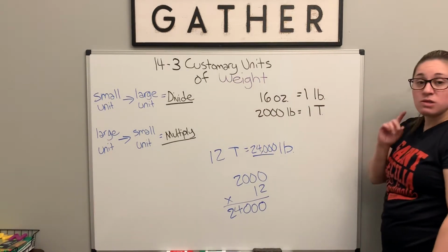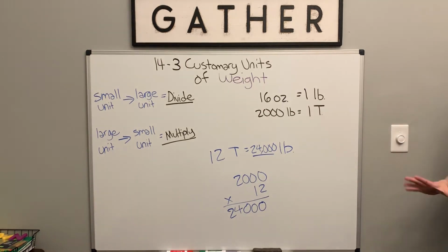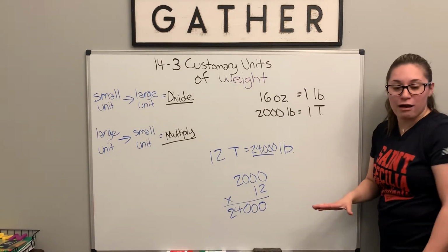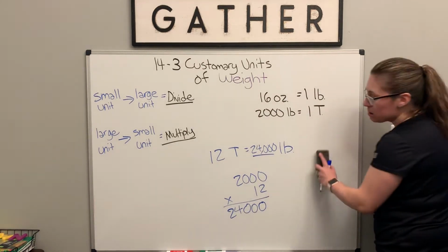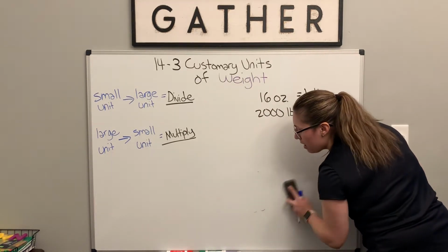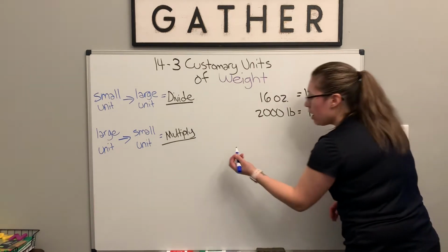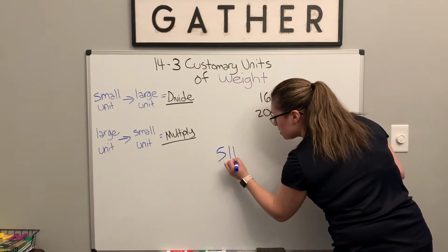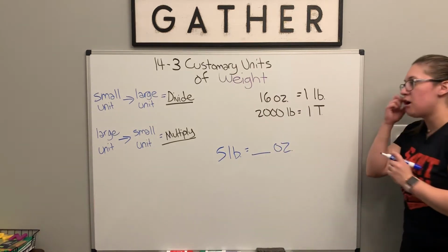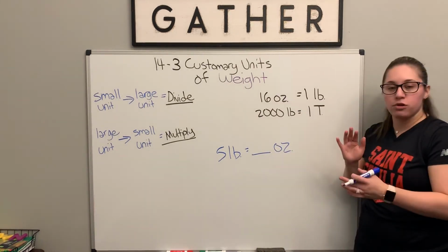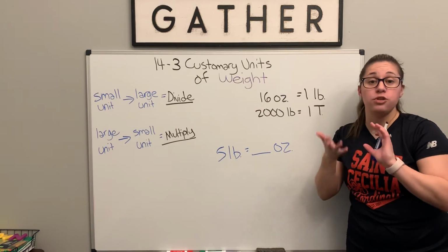All right. So this next one, feel free to pause and see if you can figure it out yourself. We are going to figure out how many ounces are in 5 pounds. Okay, so we're going to start with 5 pounds. So that first thing that you want to ask yourself is if you're going from a small unit to a large unit, or if you're going from a large unit to a small unit.